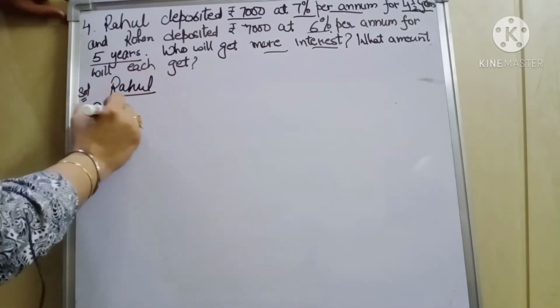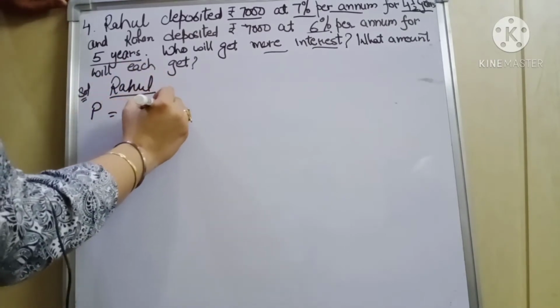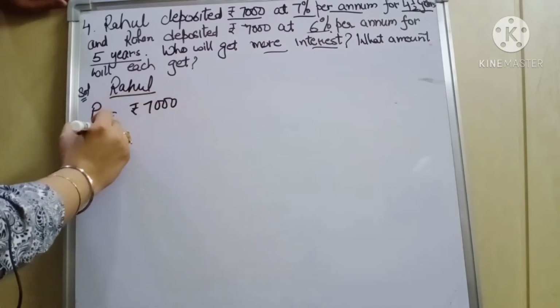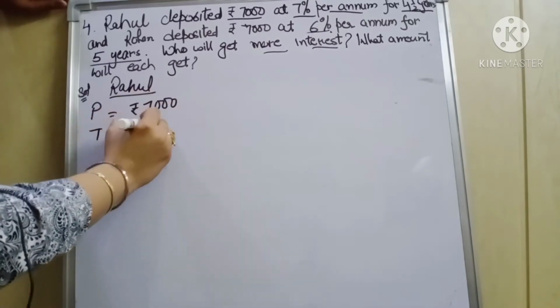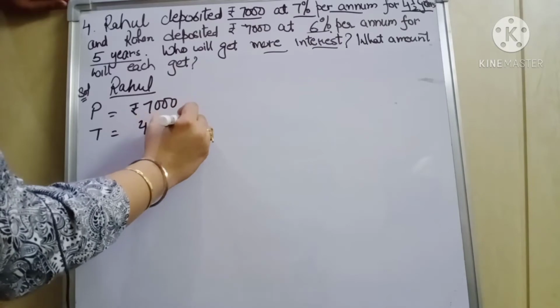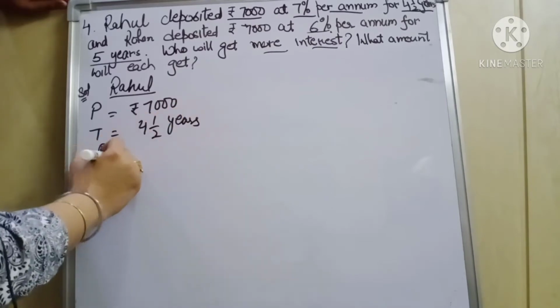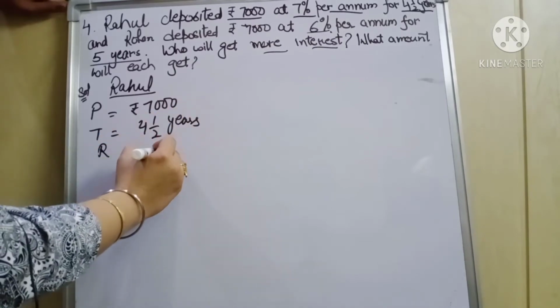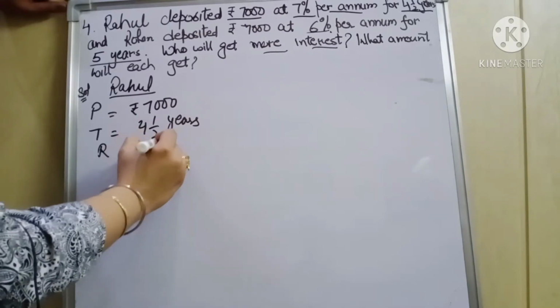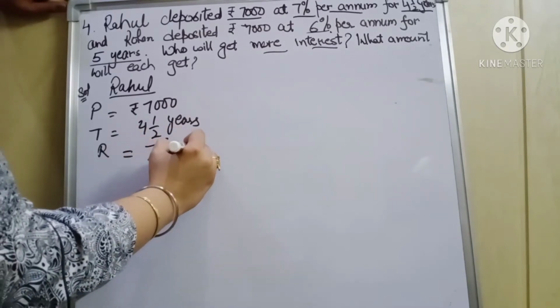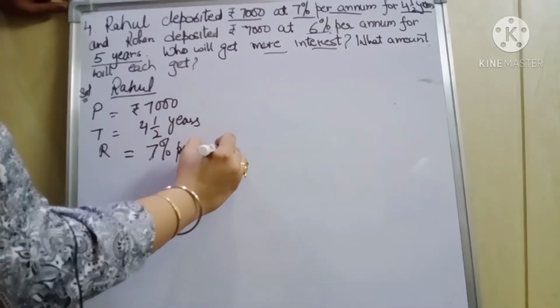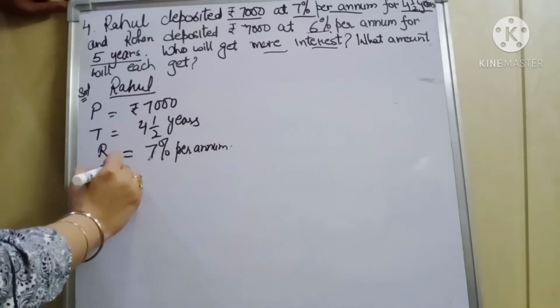For Rahul, principal is equal to rupees 7,000. Time period 4.5 years. Rate of interest is 7% per annum. Now we just calculate the simple interest.